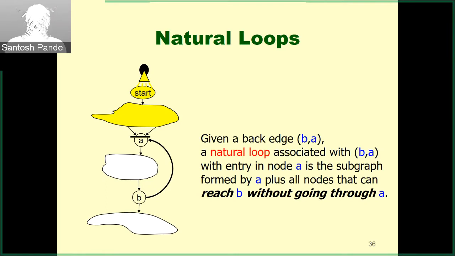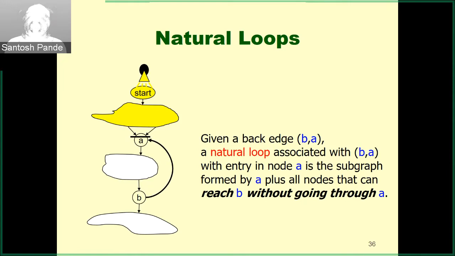So the loop itself is defined as the entrance, which is A, and the back edge, which is B. So those two nodes are there. And in addition, all the nodes which can reach B without going through A. So this is an important part here. The control is flowing forward through the body of the loop towards B without going through A. Why is that?